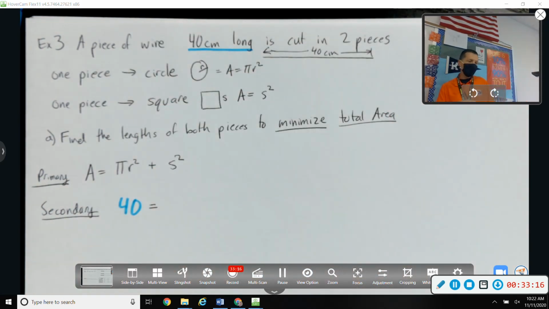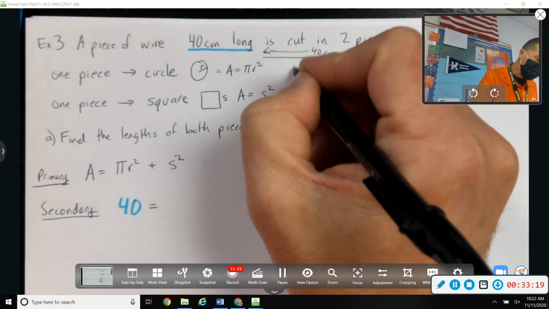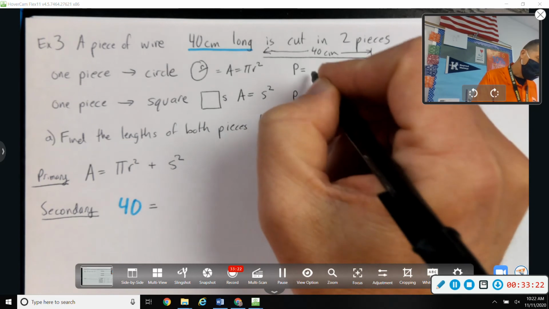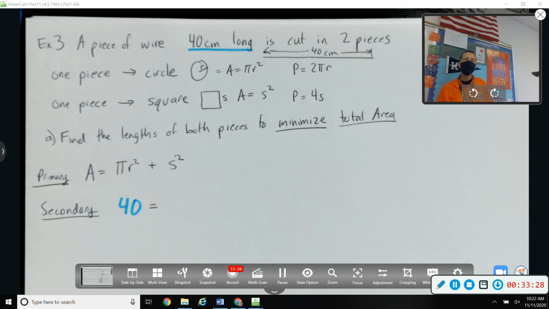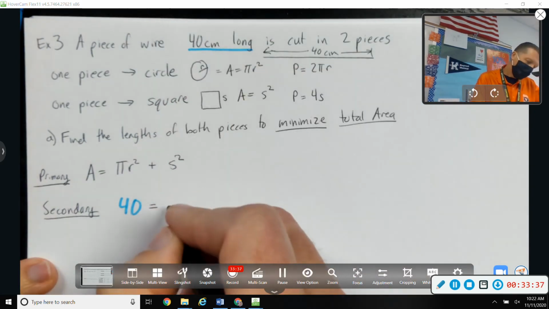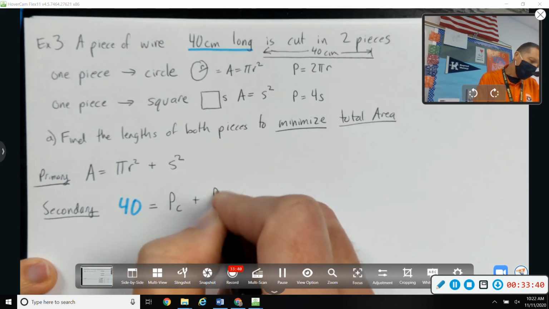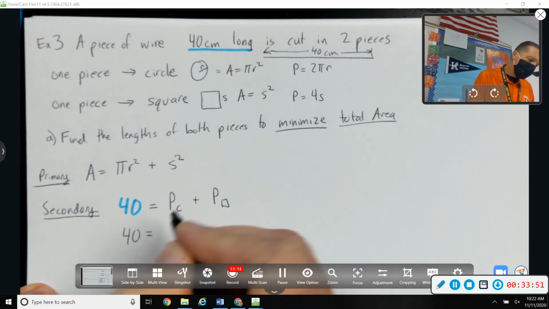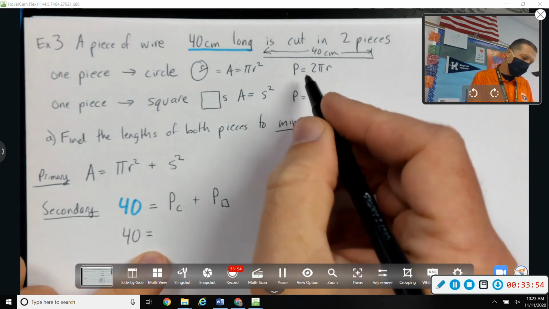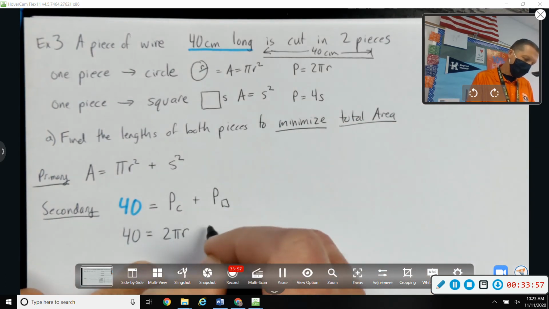In fact, I'll just use the perimeter for both of them here. So the perimeter is 2 pi r and the perimeter is 4s. And the two perimeters have to add to 40 because you're using the 40 centimeter wire. So the perimeter of the circle plus the perimeter of the square will add together to be 40. The perimeter of the circle is 2 pi r. Perimeter of the square is 4s.